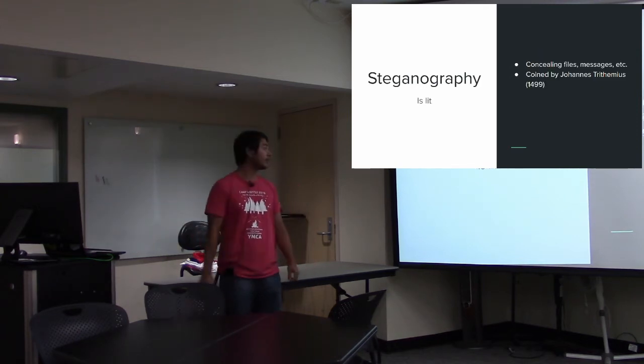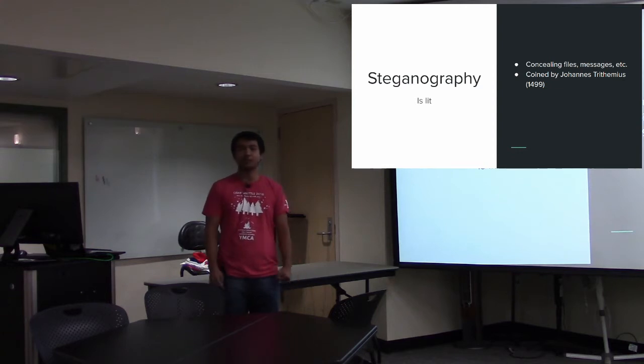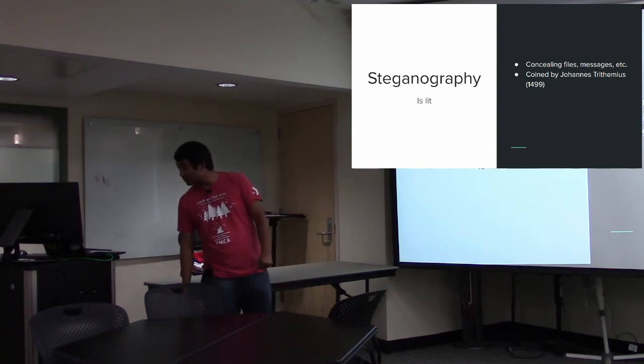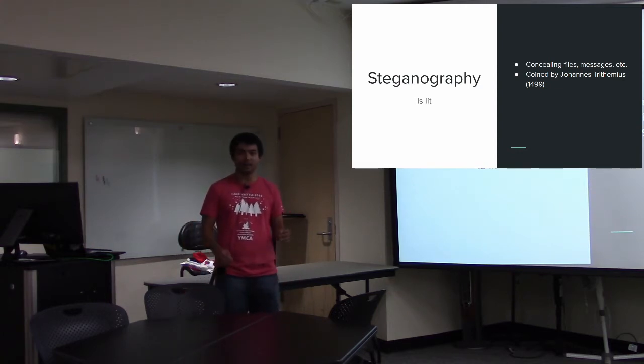The first use of the term steganography was in 1499 by Johannes Trithemius in his book Steganography, which is about cryptography and steganography. He actually designed it so it was disguised as a magic book, but it was really about those things.